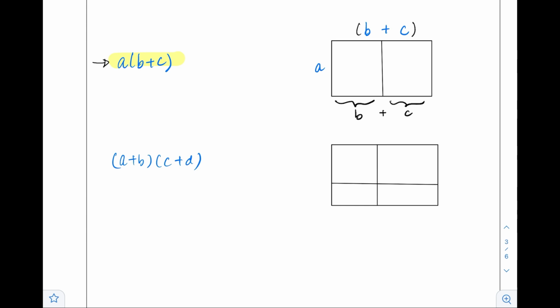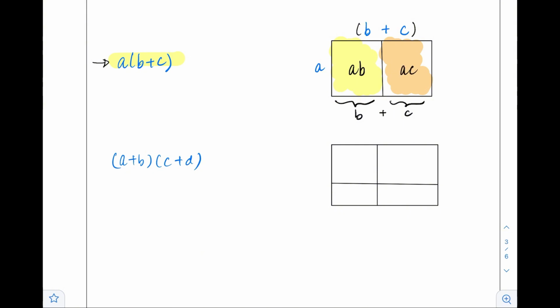Alright, what I can do is I can think of finding the area of the 2 parts. So I have this area here, which is actually a times b. So the area is actually ab. And similarly, the other area is actually a times c.